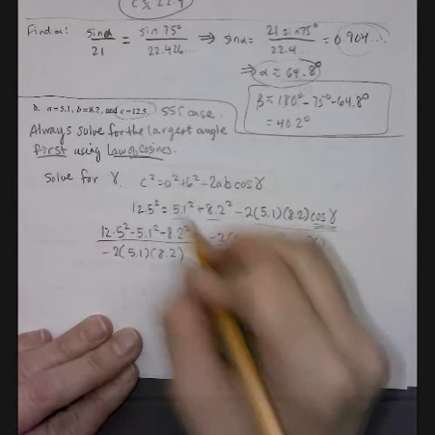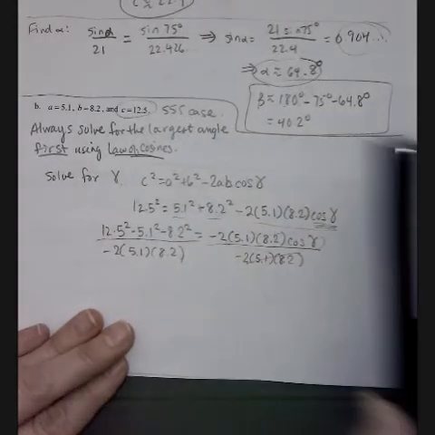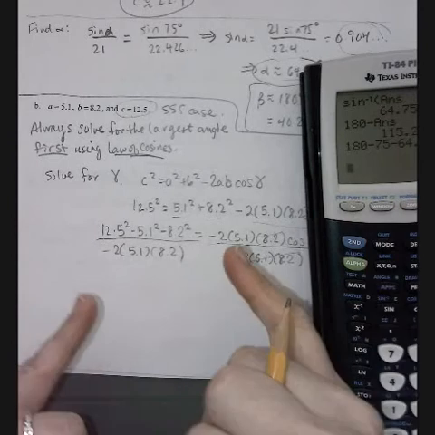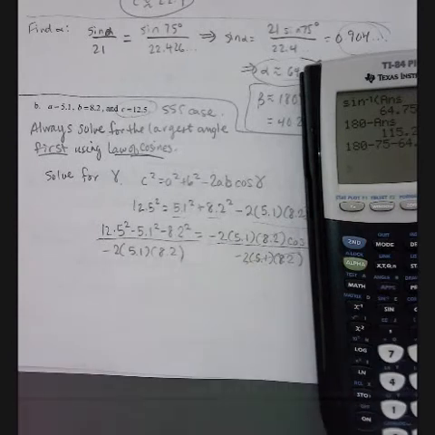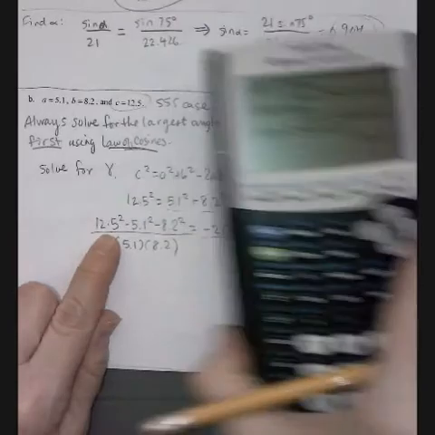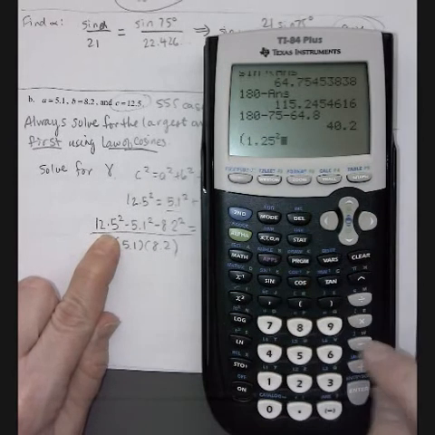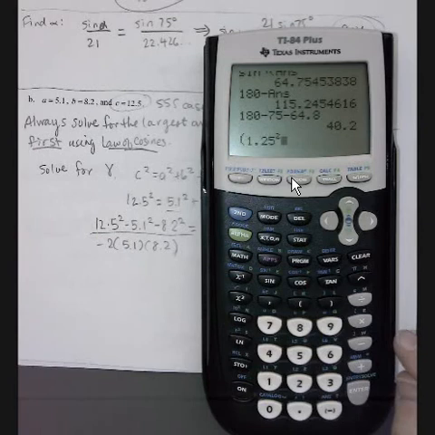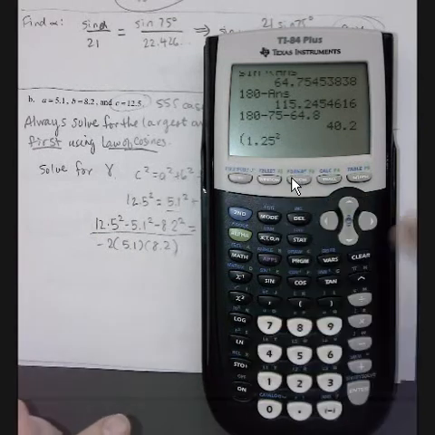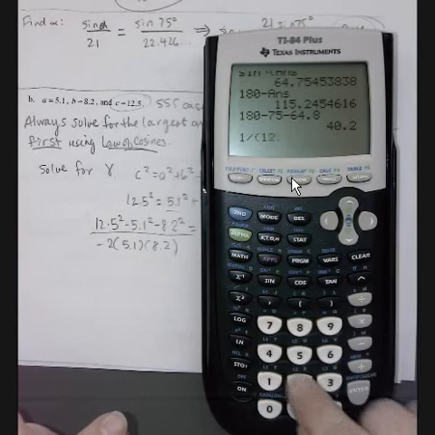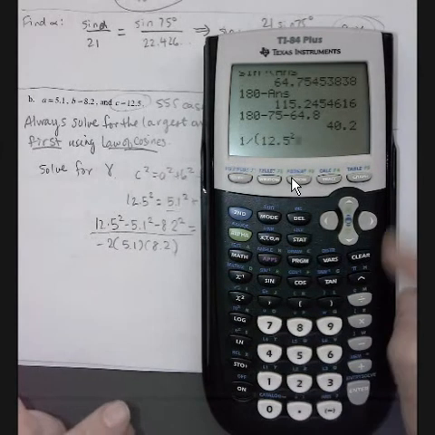Be careful when you plug this in your calculator. You can do some of this in more than one step. I'm going to do it all at once, so I'm going to use parentheses. So 12.5 squared, make sure I've got this on the screen. Oh, good thing I looked. That's 12.5. Parenthesis, 12.5 squared. What am I doing here?